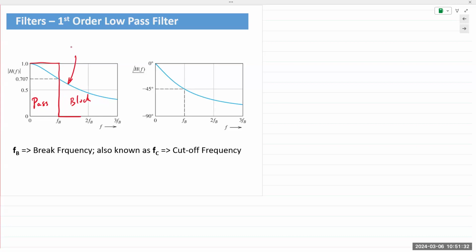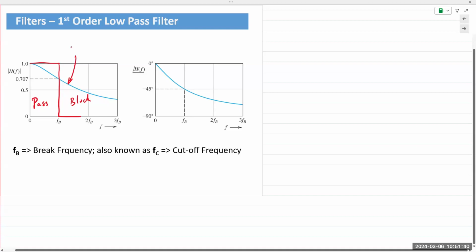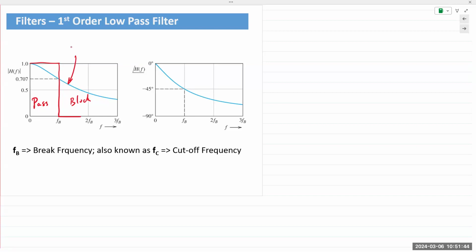So the point, the demarcation line, is taken where the output power drops to 50% of the input power. Okay. We are monitoring the output. After cutoff frequency, the output voltage and the output power should drop to 0. But in real life, you would never get 100% 0. Right? It's just not possible.